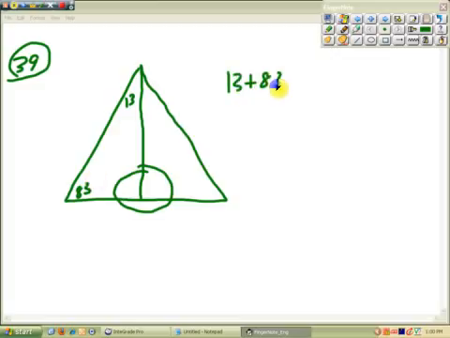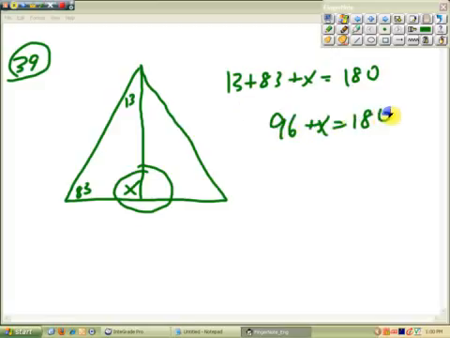This is our missing piece. So we have 96 plus x equals 180. Subtract 96 here, subtract 96 here. X will equal 84. So this corner here is 84 degrees, meaning that this and this together have to be 180. So that means this has to be 96.